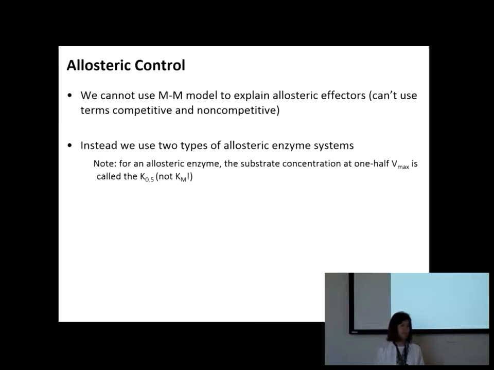It means the same thing. It's just a different term because the Michaelis-Menten model is for non-allosteric enzymes, and you can't have a Michaelis constant if the Michaelis model is not valid. So it's the same concept. It means the affinity of the enzyme for the substrate, but instead of calling it Km, we call it K0.5.